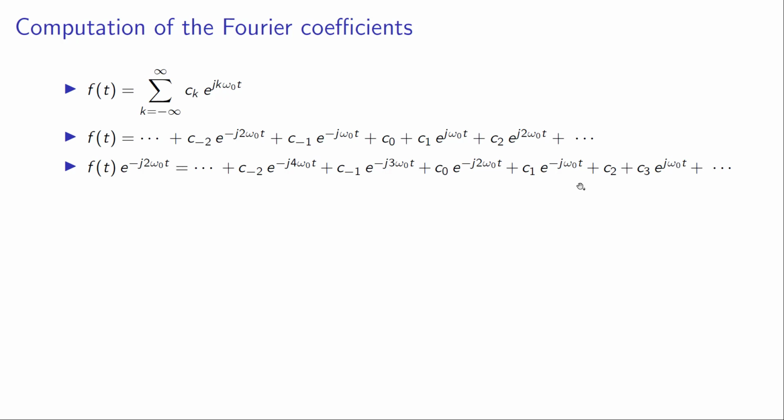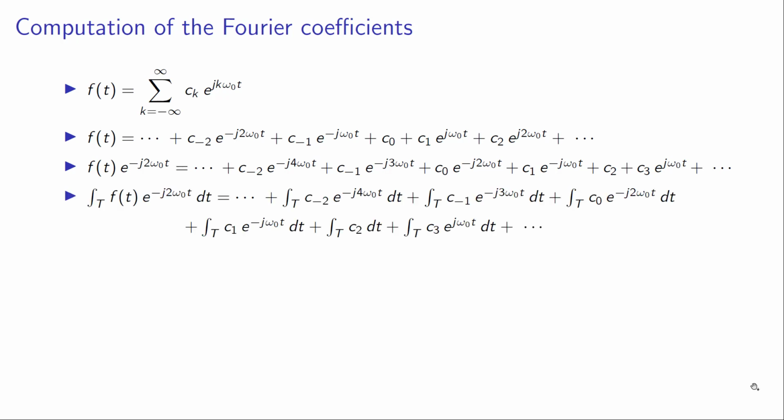So now we can use the same trick. Indeed, we integrate the function over a period T. We obtain again a sum of integrals over a period of the different terms. These terms will all be 0, except one, and it's precisely the one where there is no exponential appearing.